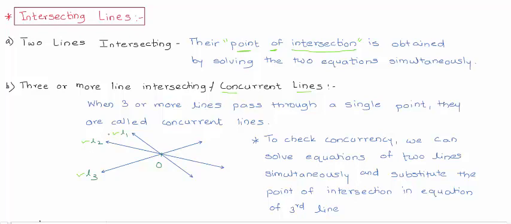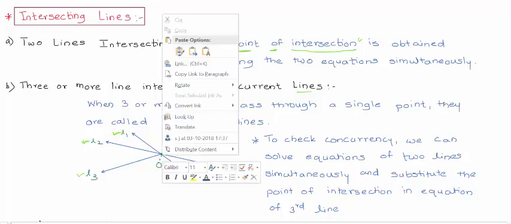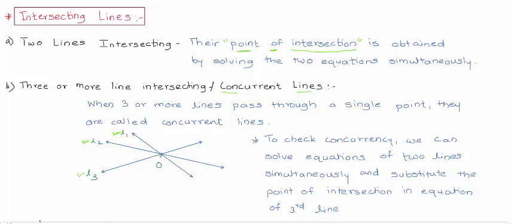What does it mean? We can solve any two simple equations, students, either L1 and L2, or otherwise we can take L2 and L3, and when you solve L1 and L2, let us say we will get point O, and then we can substitute that point O in L3. If it satisfies, that means L3 also passes through the same point.